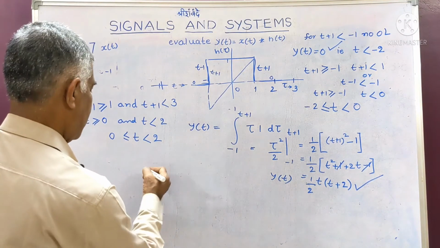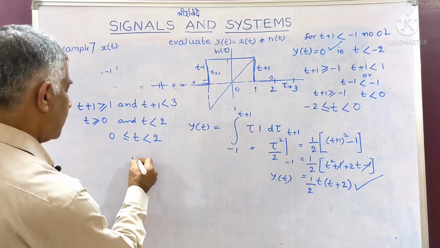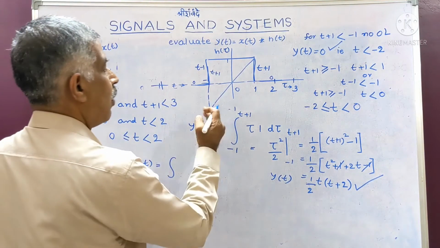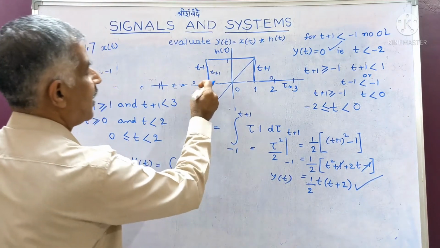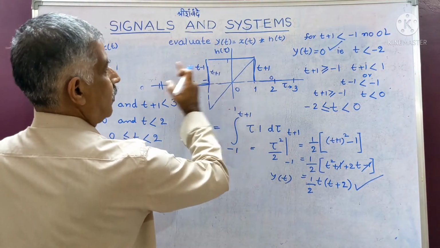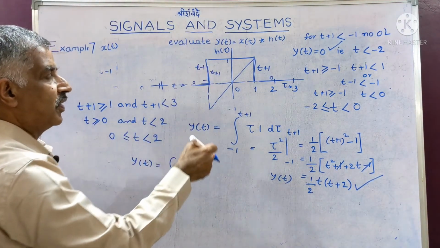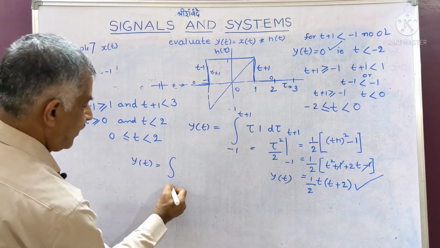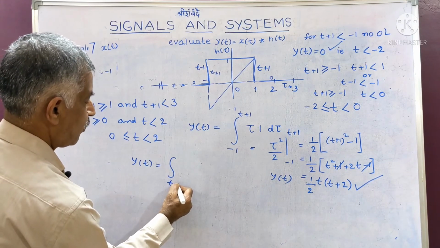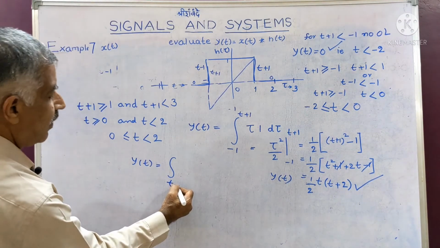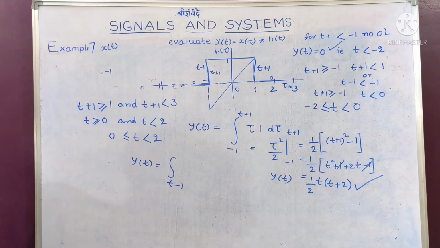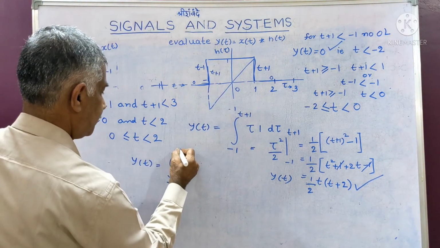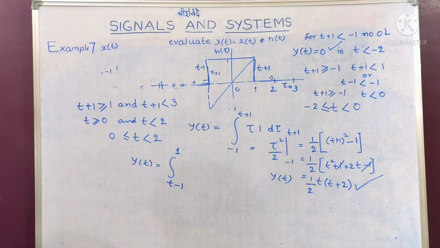Now, once again, you have to calculate the convolution integral. Y of t is equal to, now this edge will come out from the minus 1 position. Therefore, you take the lower limit as t minus 1, am I correct? And up to 1.